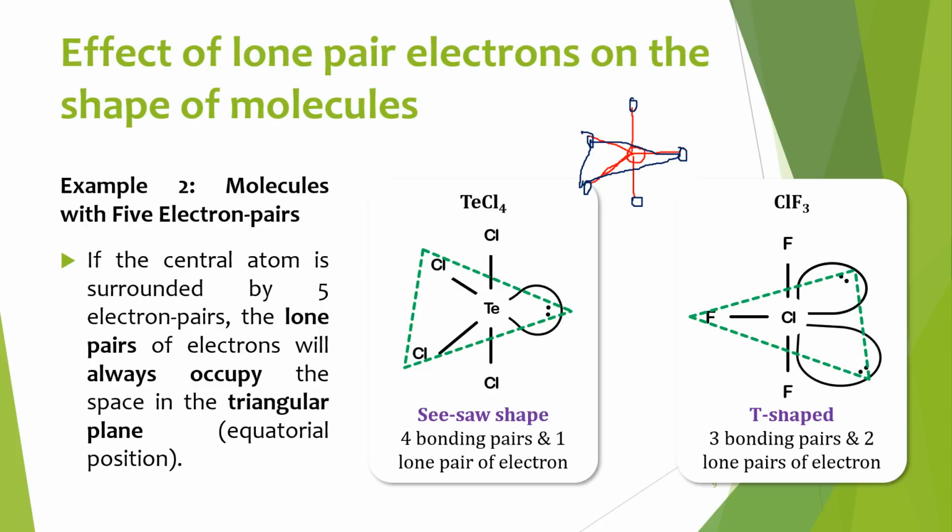So when you have one lone pair, it will occupy the triangular plane, which is the horizontal plane, and it will have the shape of a seesaw. When you have two lone pairs and three bonding pairs, 1, 2, 3 bonding pairs, and two lone pairs, it will have the shape of a T shape.